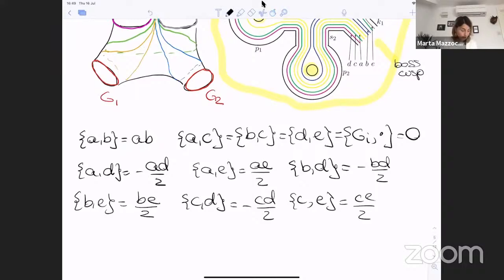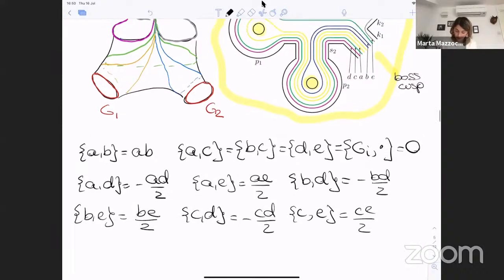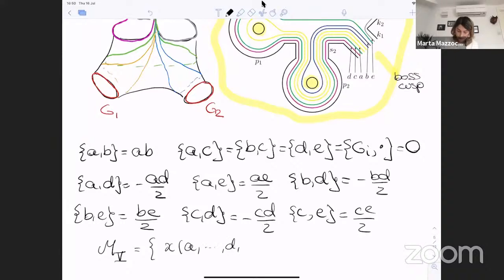And the example of the Painlevé 5 monodromy manifold is a specific submanifold, which is given by the functions x of a, b, c, d, and of the lengths of these 2 perimeters, G1 and G2, such that they Poisson commute with E and with D.